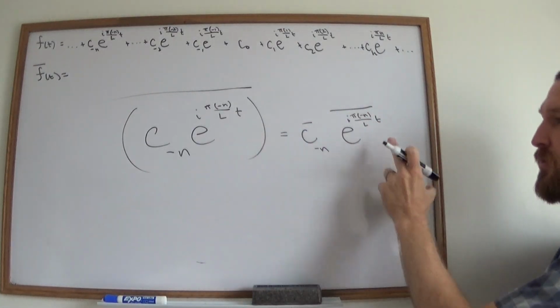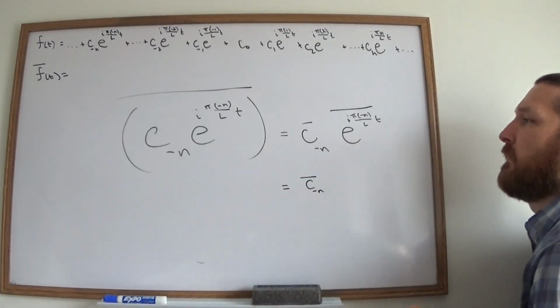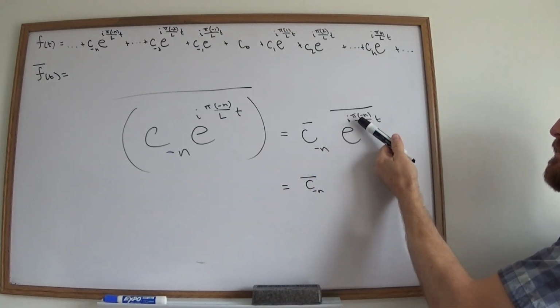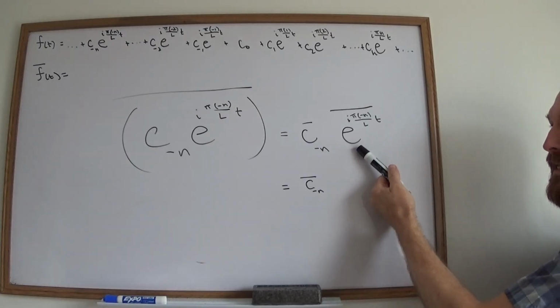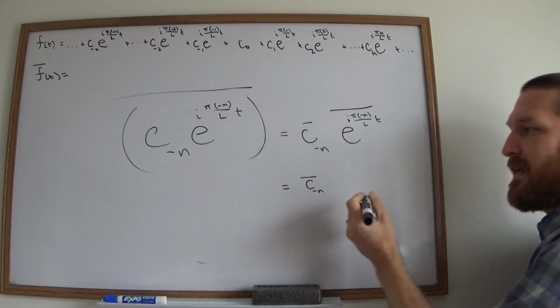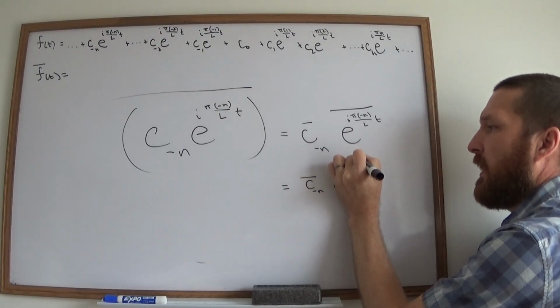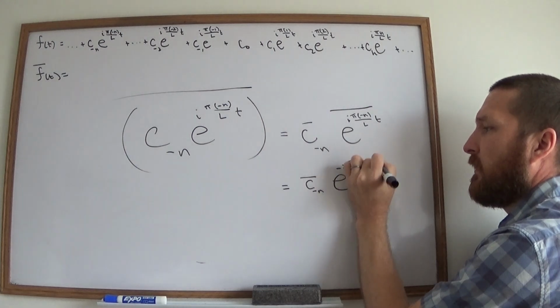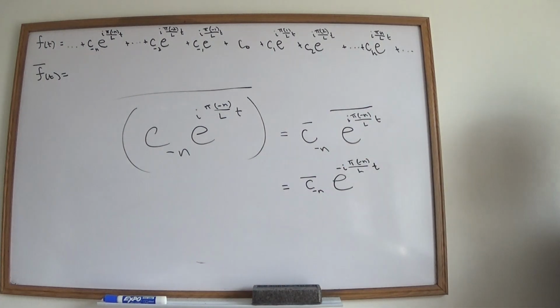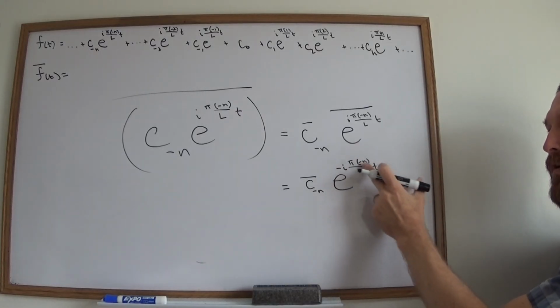And now, like we just said, C negative n bar, and that's how we say it, bar. That's the same thing like we just showed. E to that stuff is, well, you just make the i negative. It's that simple. You just make the i negative, and now we have pi negative n over LT, like that. Oh, but wait, that's a negative and a negative, right? That's just i times all that stuff.